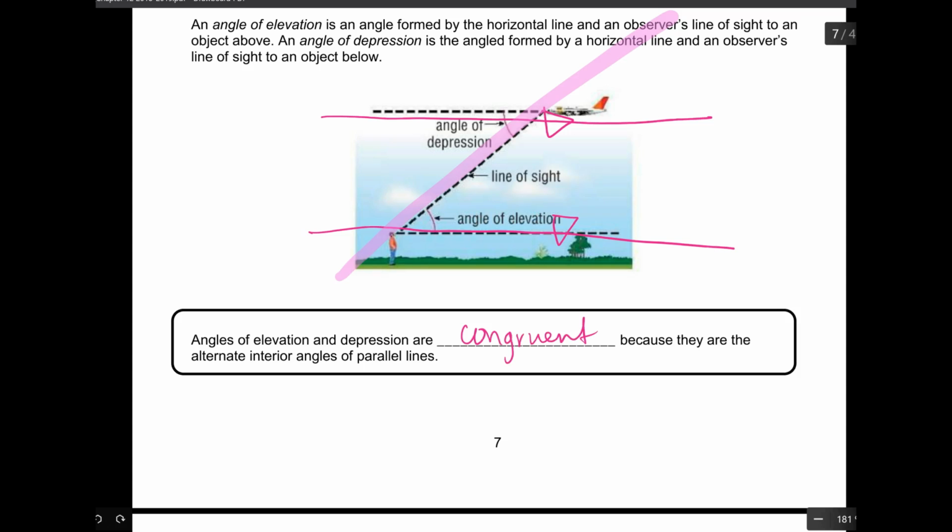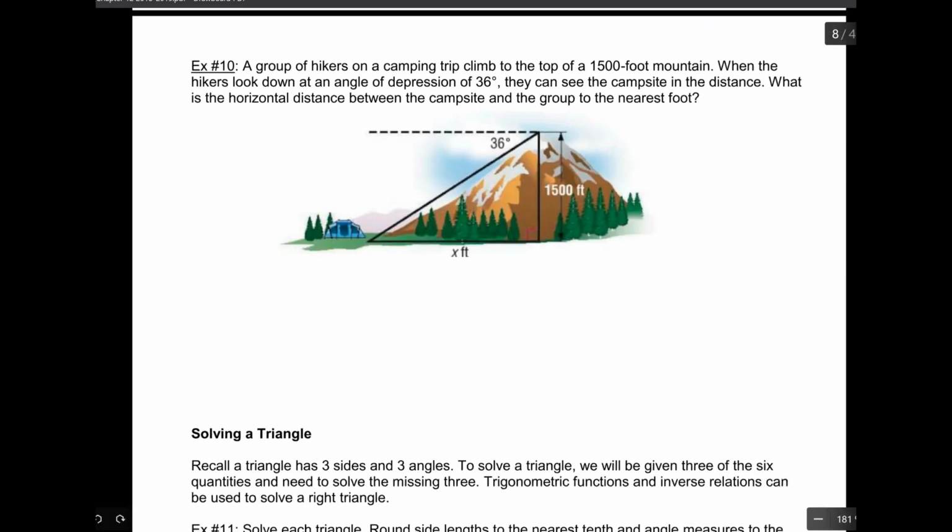I guarantee the angle right here is equal to the angle right here. They're congruent because they're alternate interior angles of parallel lines. We're on the top of page 8 with your notes. Congruent. All right, example 10.